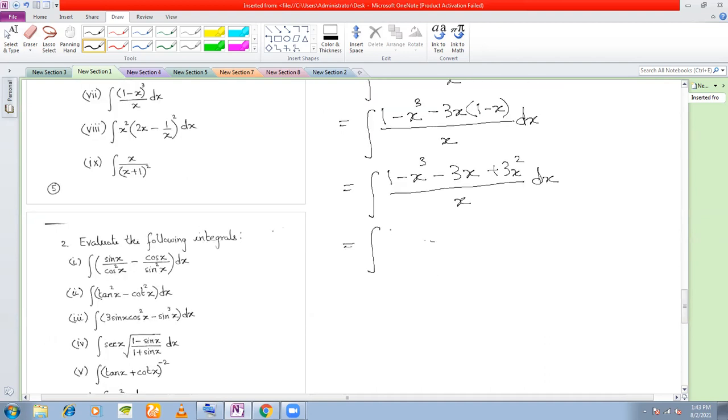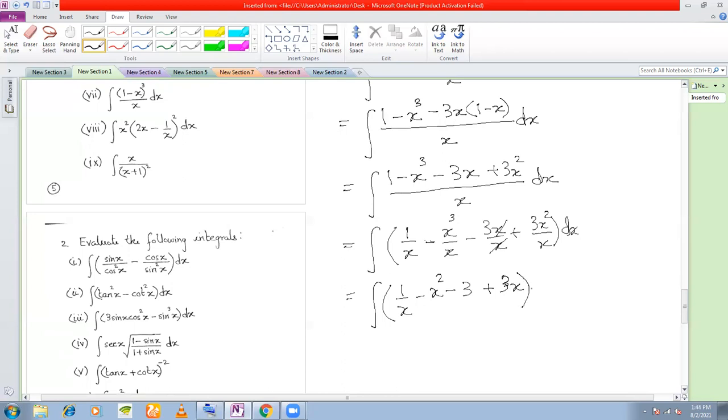Okay, how will you divide? Separate 1 by x minus x cube by x minus 3x by x plus 3x square by x dx, which is equal to, again simplify further, 1 by x, this is x square, here x and x will cancel, you are simply left with 3, and here you will get 3x dx.